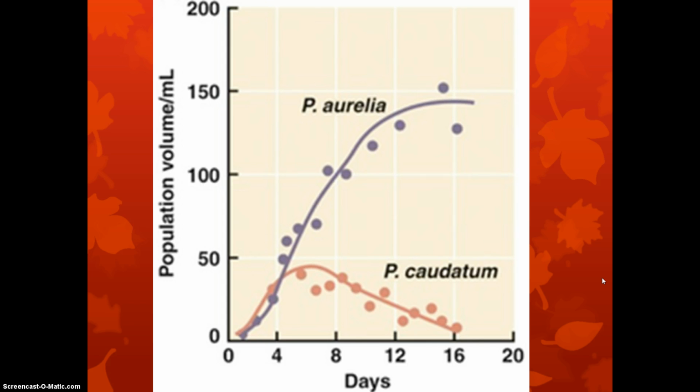The reason for this is Paramecium caudatum is not as skilled at competition as Paramecium aurelia. The aurelia is a much better hunter and much better able to get the resources it needs. So even though these are single-celled organisms, the Paramecium aurelia will outcompete the caudatum until the Paramecium caudatum goes extinct from that population.